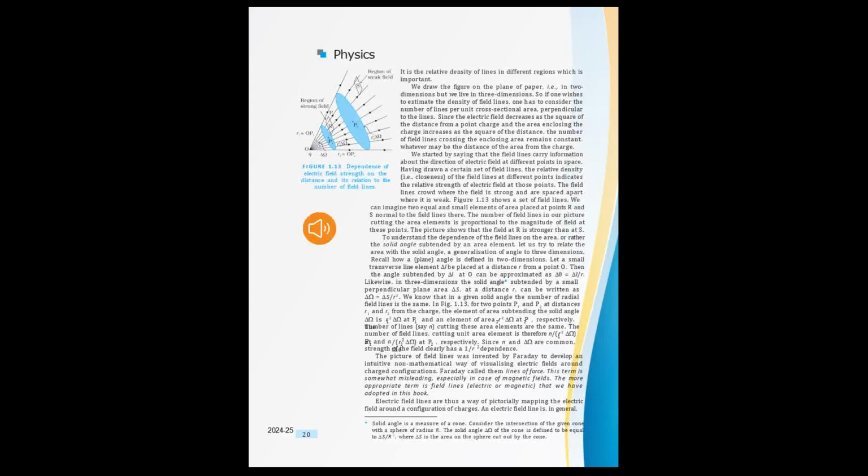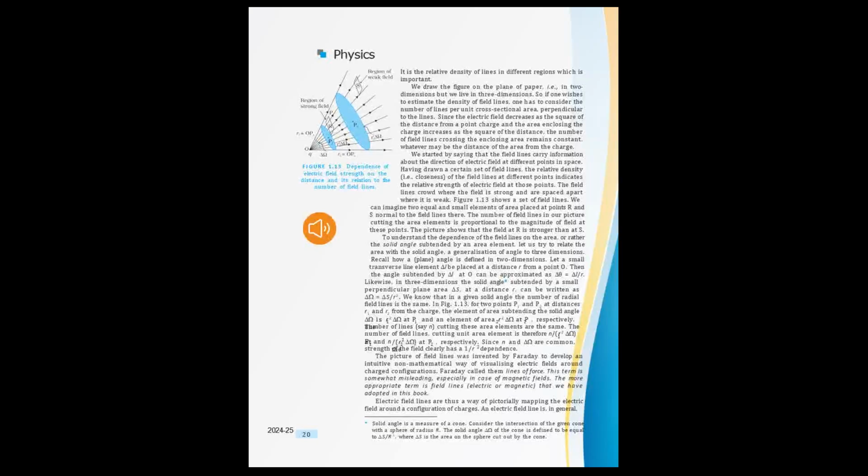We started by saying that the field lines carry information about the direction of electric field at different points in space. Having drawn a certain set of field lines, the relative density, that is closeness of the field lines at different points, indicates the relative strength of the electric field at those points. The field lines crowd where the field is strong and are spaced apart where it is weak.